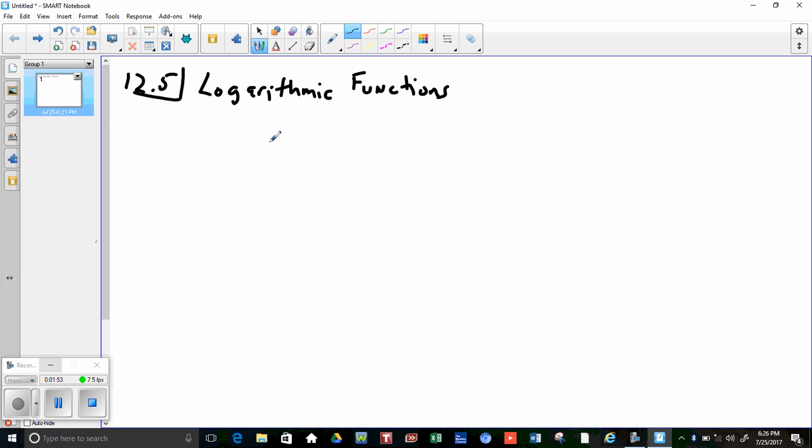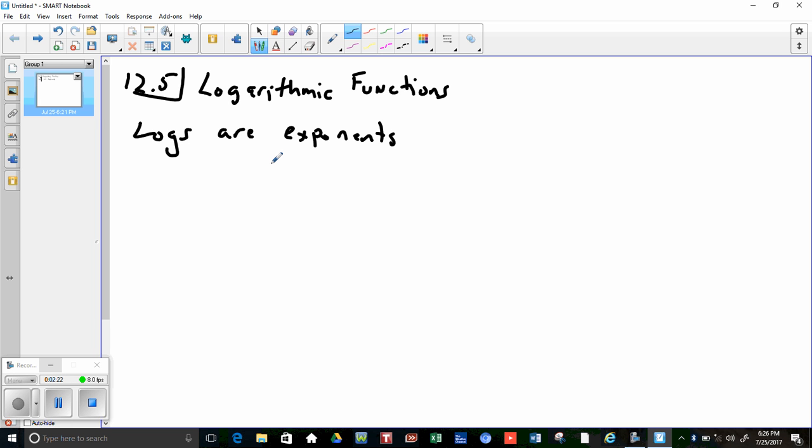The biggest thing that you have to understand is that a log is really just a fancy way of writing an exponent. So we're going to say this: logs, for short, are exponents. That's what a log is. If you can keep that in your head, hopefully this won't be too difficult to figure out.